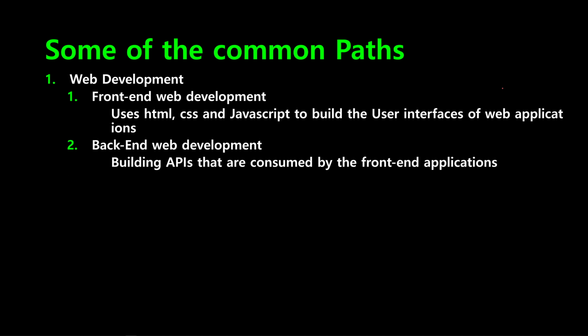And by the way, backend developers have so many options. These days it's really popular to use Python for the backend with frameworks like Django or Flask, but Django is the biggest one. You could also use other languages. You could use JavaScript for the backend with Node.js. You could use Java.